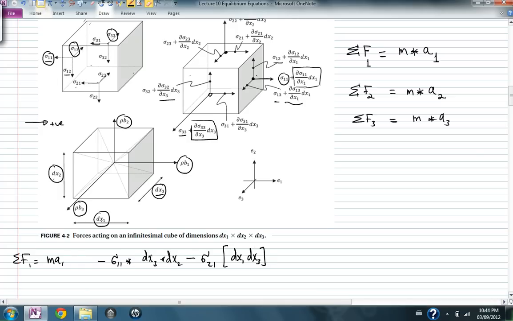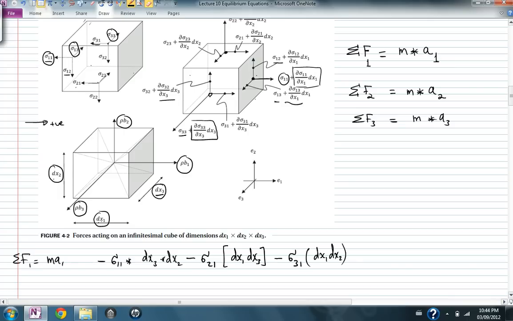I also have sigma 3,1, so minus sigma 3,1 multiplied by the area, and the area of the back face is equal to dx1 multiplied by dx2. So these are all the horizontal forces acting on the back faces.